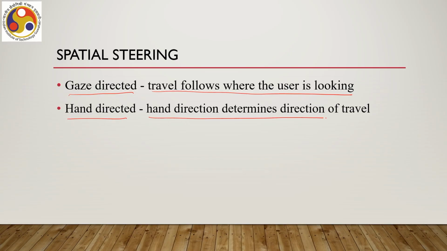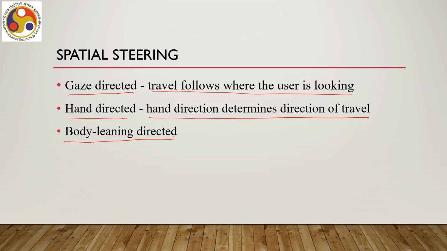Hand direction determines direction of travel. So, we can provide the direction through hand gestures, and then the system maps those hand gestures to travel in the specified direction where the hand is pointing. It can also be body leaning directed. So, we lean the body towards the direction of movement, and then that gets mapped, and the corresponding travel takes place.